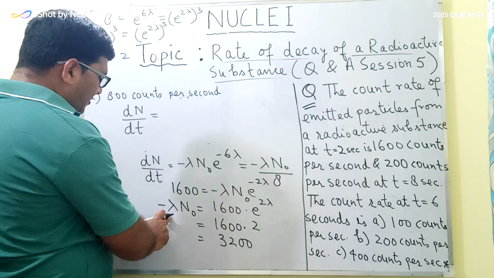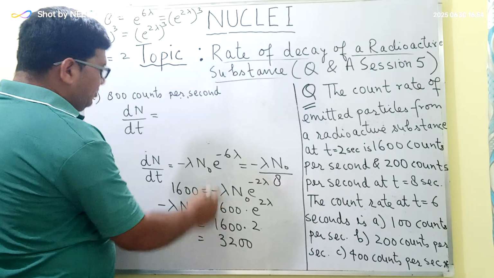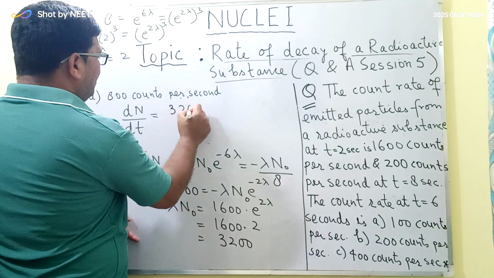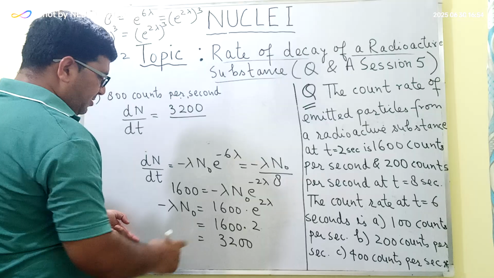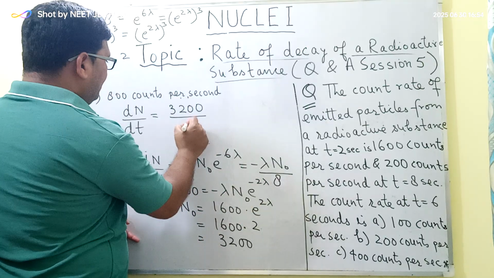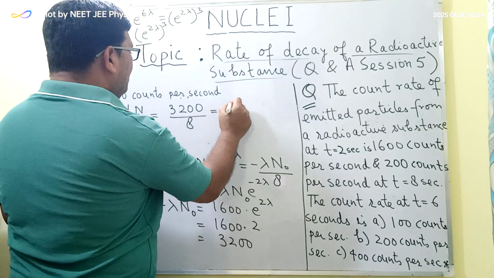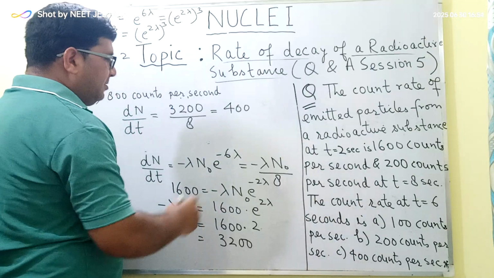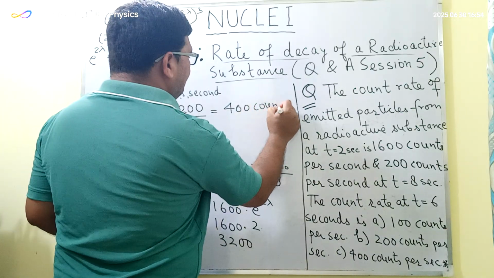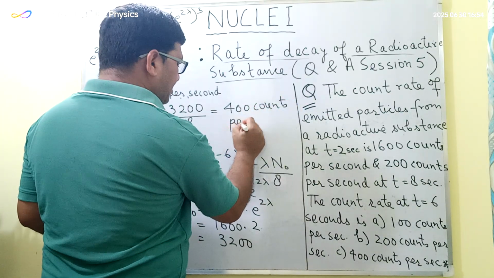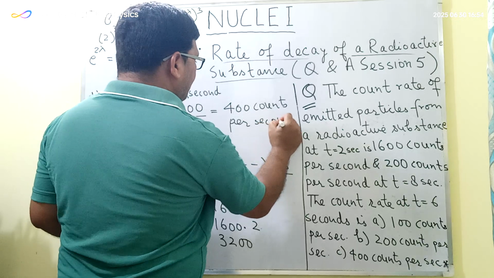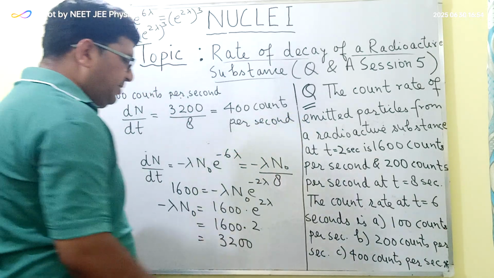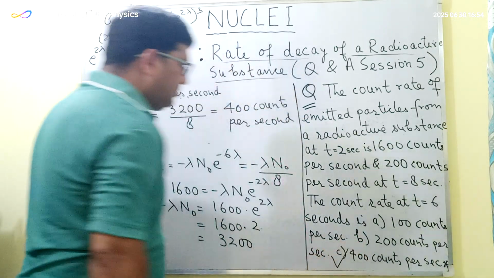Minus lambda N naught is equal to 3200, so 3200 divided by 8 is equal to 400 counts per second. So here the correct option is C.